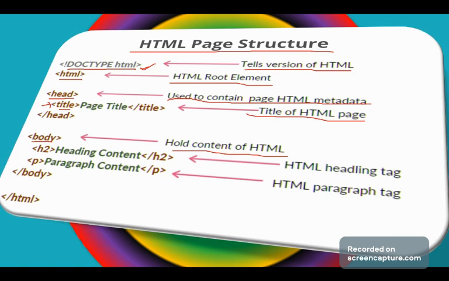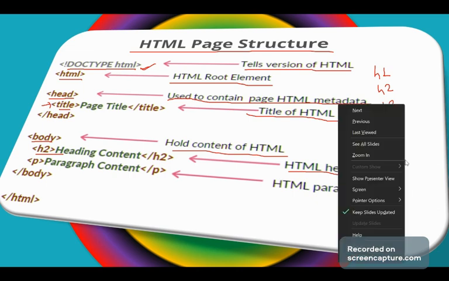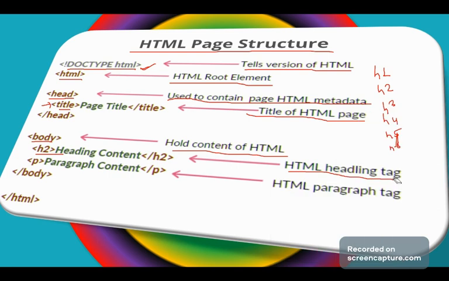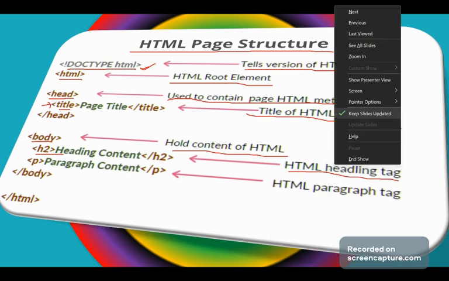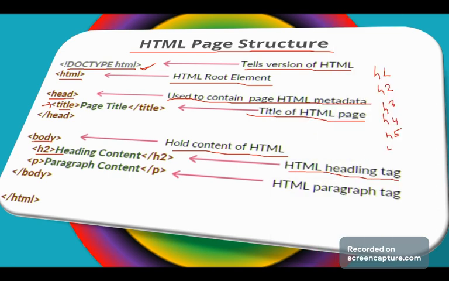See, we have H2. What does the H2 stand for? It is nothing but the HTML heading tag. We have 6 heading tags: H1, H2, H3, H4, H5, and H6.